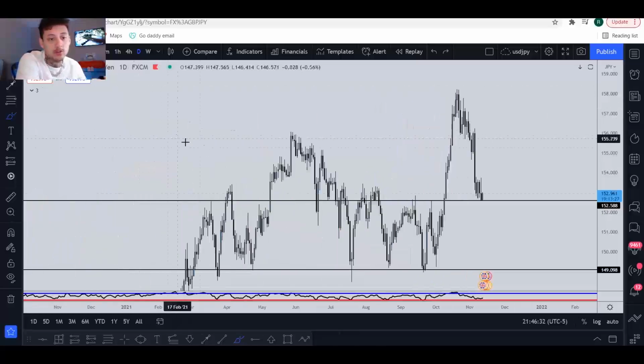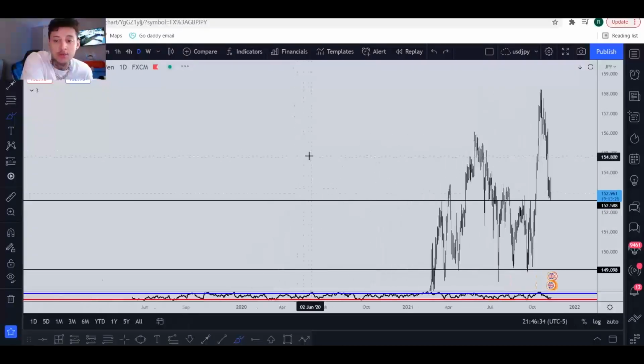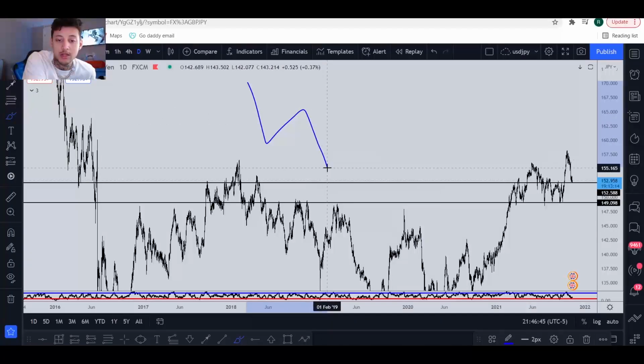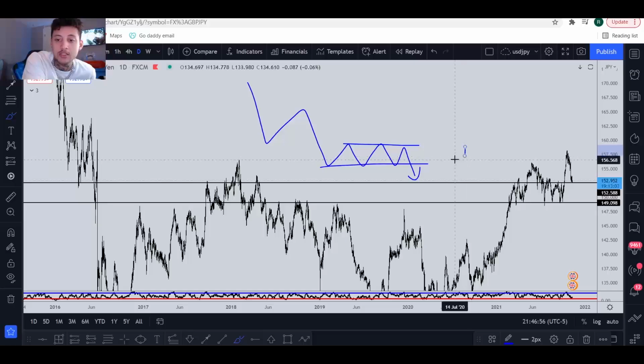Now, one thing that I also want to go over, which is worth mentioning, are the different types of pullbacks that I didn't mention in the last video. So in some market conditions, when price is trending, let's say you have a bearish trend where price is making lower lows and lower highs, and then you see price just start to consolidate, right? The probability in this situation is going to be a lot higher for price to continue to trade lower along with the trend.